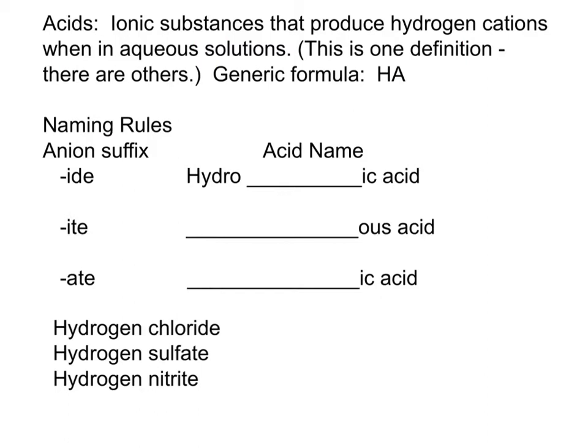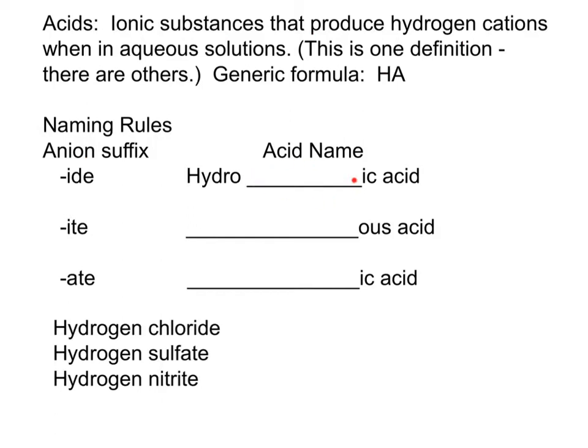So we're going to have you copy down this chart with the naming rules. The name of the acid is going to derive from the suffix that is the ending on the anion. So for example, if the ending is "ide," as in chloride, then the acid is going to be hydro-something-ic acid.